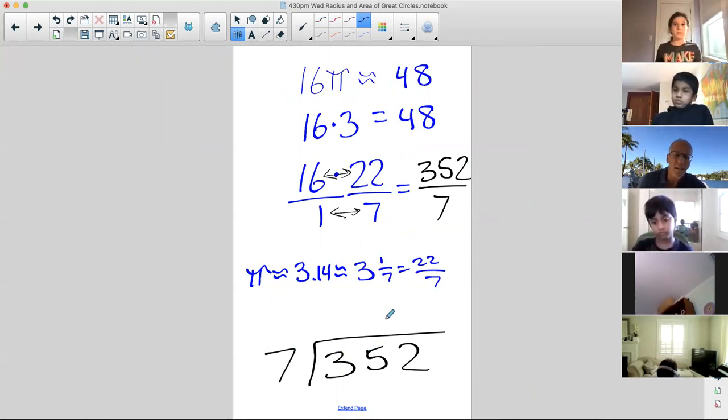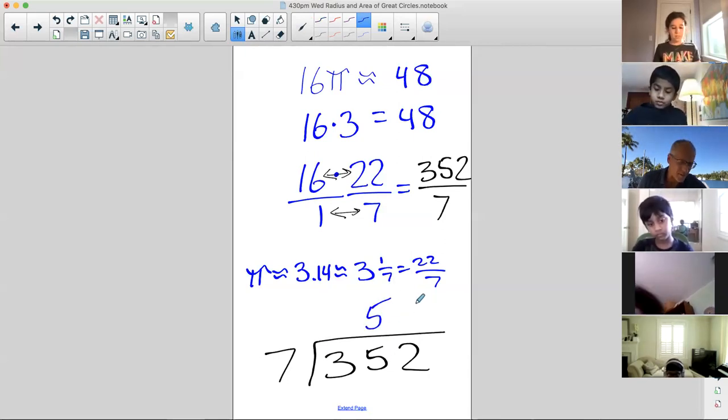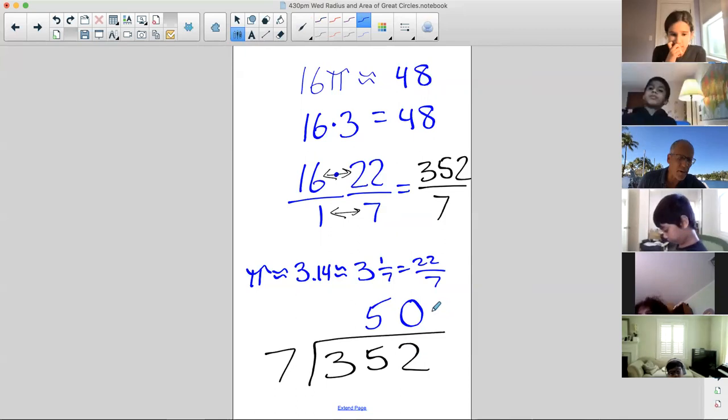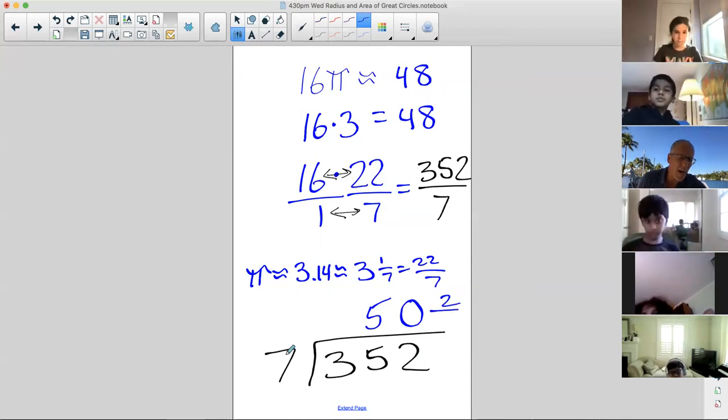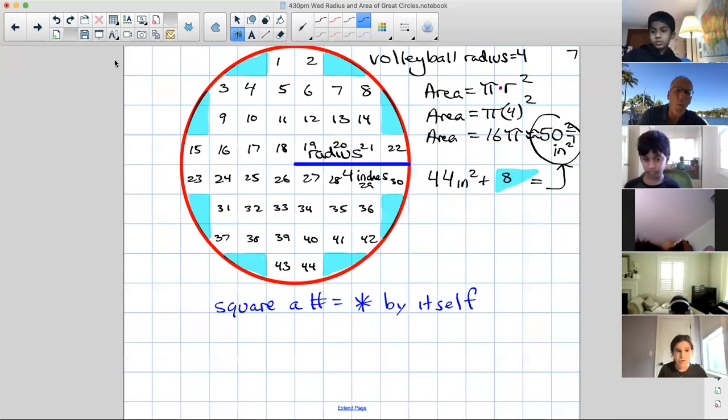Go. 5. And 7 goes into 2 how many times? 0, with what left over? 2. 2 what? 2 sevens.